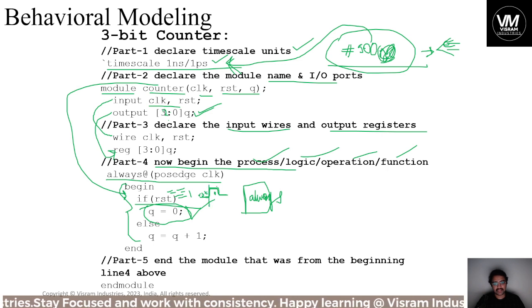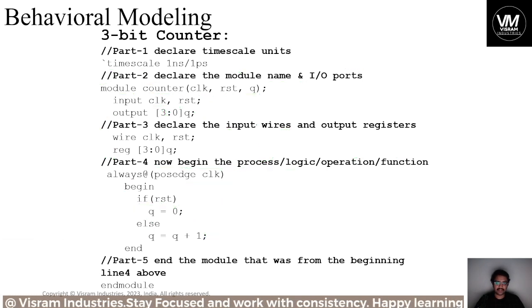At this particular time of clock pulse, Q will be 0. Else if reset is not equal to 1, then Q will be incremented. That is how this loop works, and that is the basic design development of the 3-bit counter.